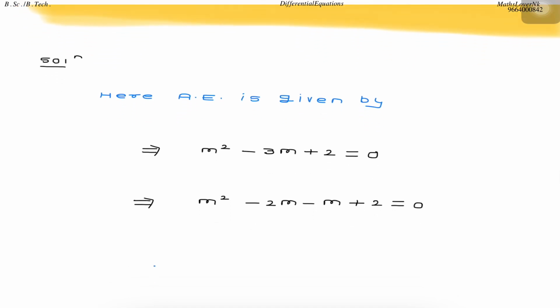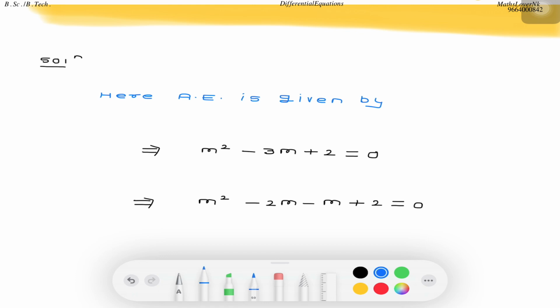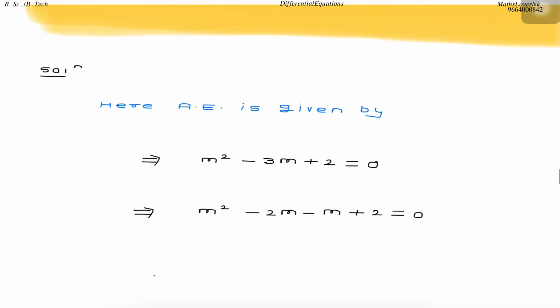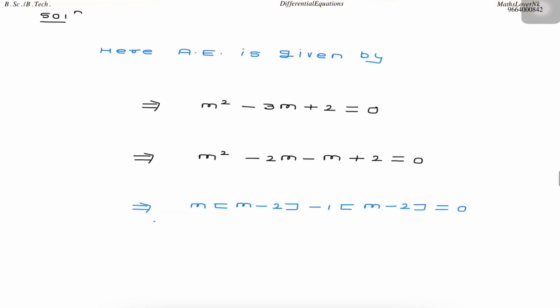Take m common: m(m − 2), and again −1 common: −1(m − 2), so (m − 2)(m − 1) = 0. Here we get two factors: m − 2 and m − 1.